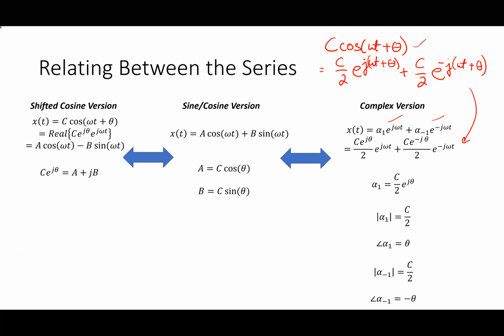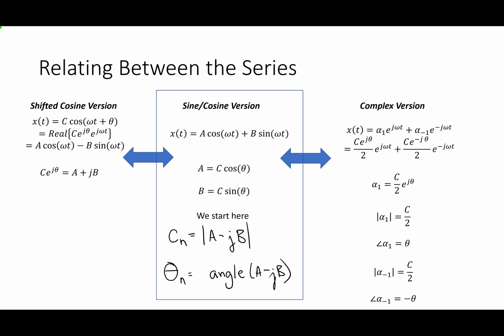and again, I got this through trig identity. Basically, A is equal to C cosine theta, and B is equal to C sine theta. So I can relate from the sine cosine version to the shifted cosine version simply using those formulas. So basically what I do is I start in the middle here. And I say, well, I can think of C as a vector.